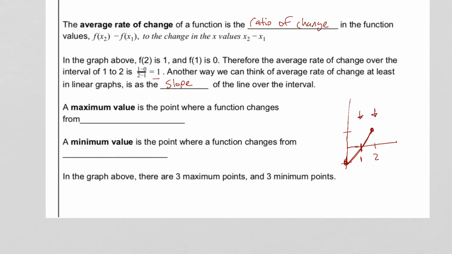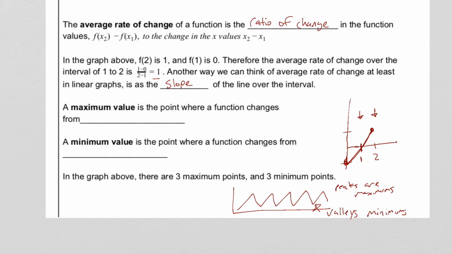Another concept is the concept of maximum values and minimum values. In our graph, we had a bunch of peaks and valleys. All the peaks are maximums. The valleys are minimums.